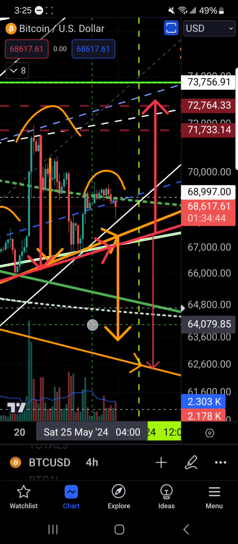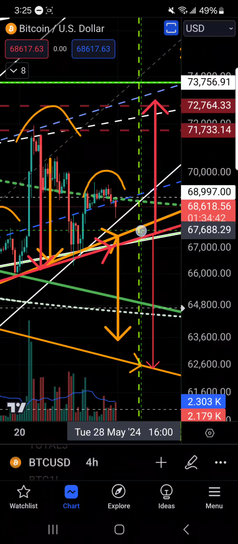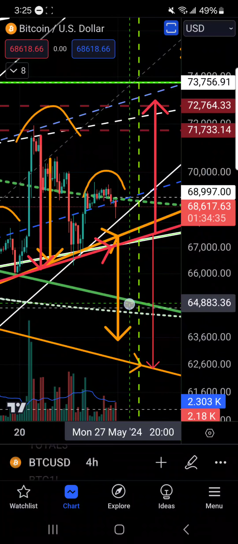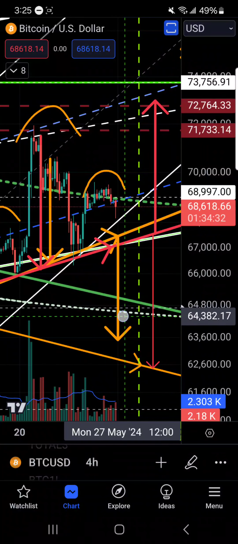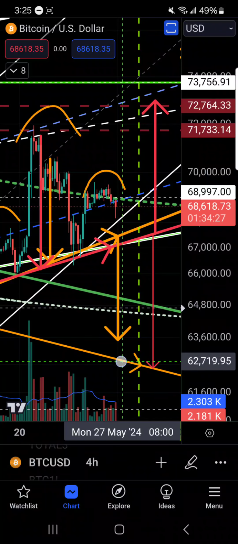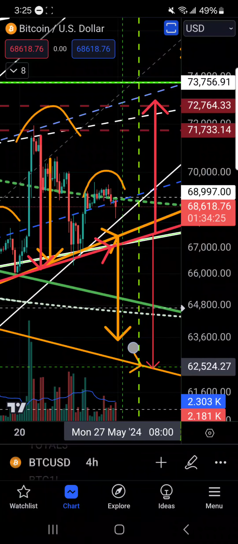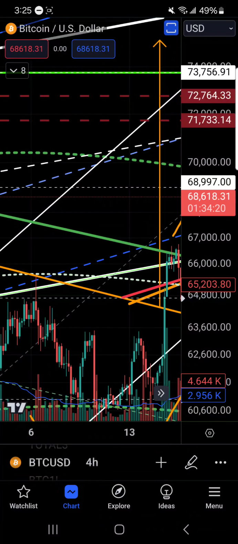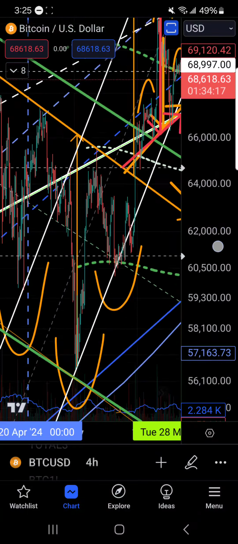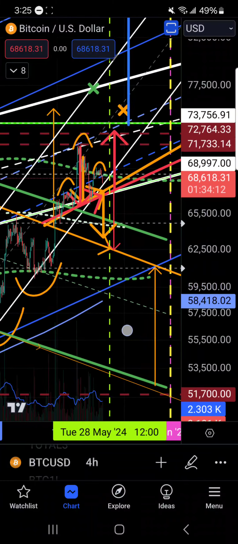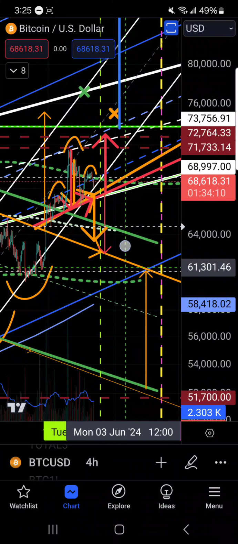What could happen is that we come down here, break down to somewhere just below the mean band of the Gaussian channel, and possibly all the way down to this orange line, which is the neckline of our inverse head and shoulders pattern back here. That's the neckline of that pattern. So if we ever break that, that's bad news.